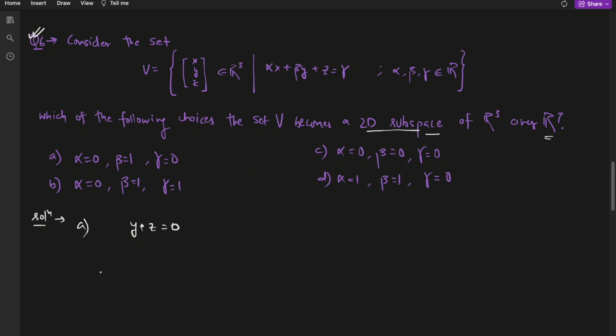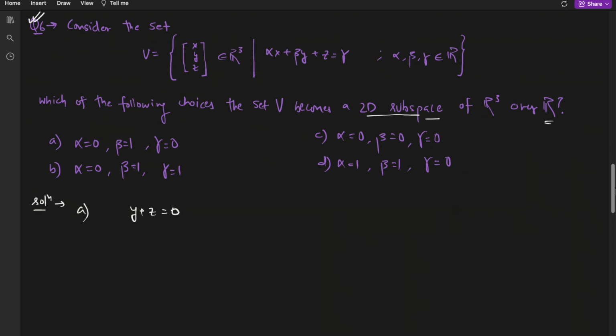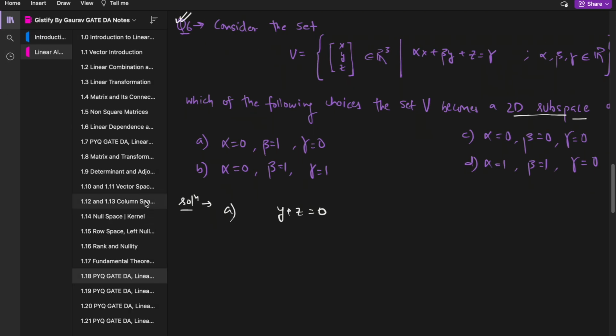First of all, I will tell you that to solve this question there are two approaches. One is the graphical way. You can visualize these equations and tell whether it is a valid subspace or not. And second is a mathematical way. If you have seen our video on all the subspaces of R cube, you can check out that video, the video on vector subspaces.